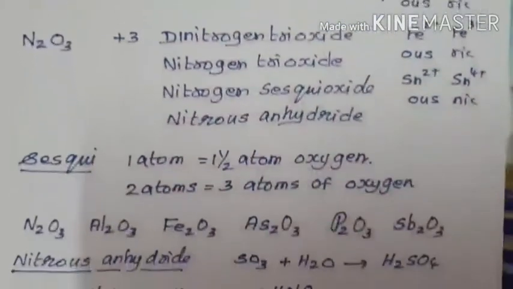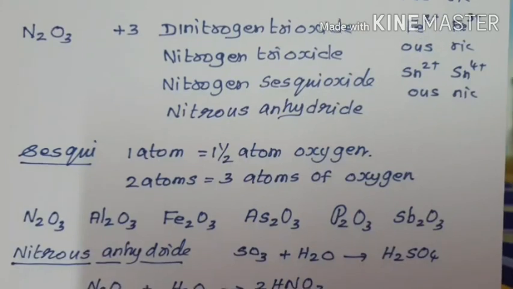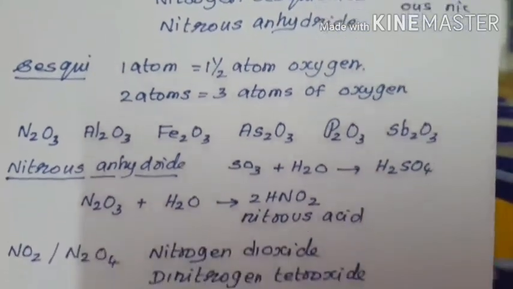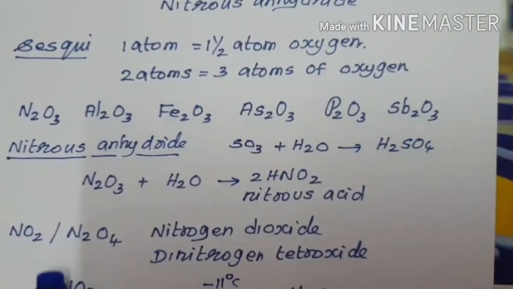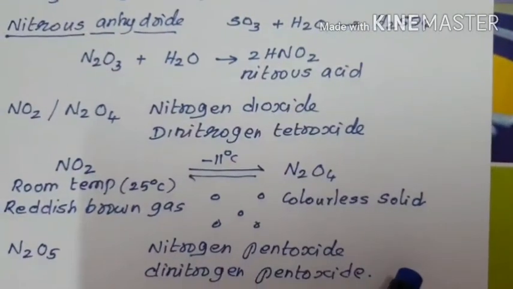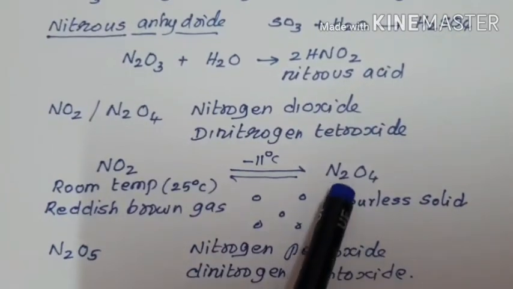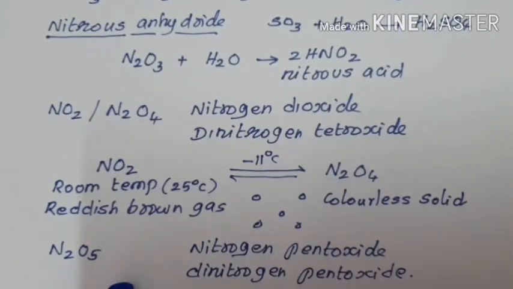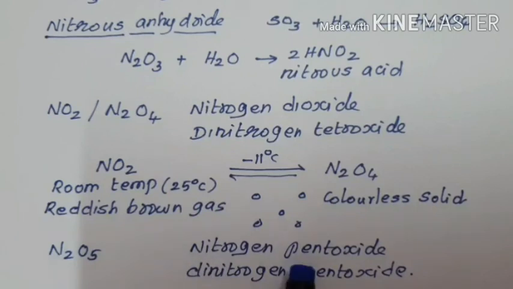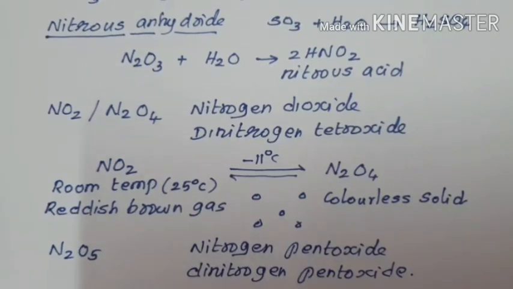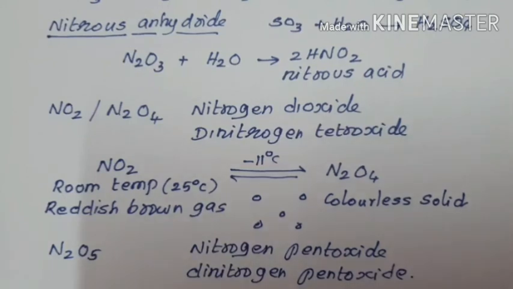You know why. Next, nitrogen dioxide, which on cooling to minus 11 degrees Celsius gives a colorless solid called dinitrogen tetroxide. Finally, nitrogen pentoxide or dinitrogen pentoxide. These are the names of oxides of nitrogen. Thank you.